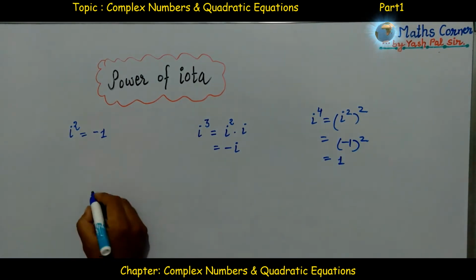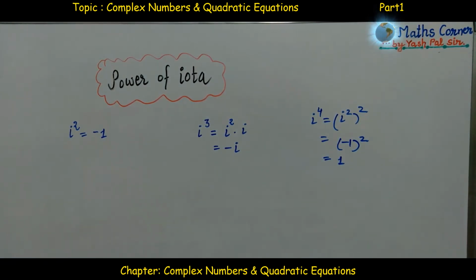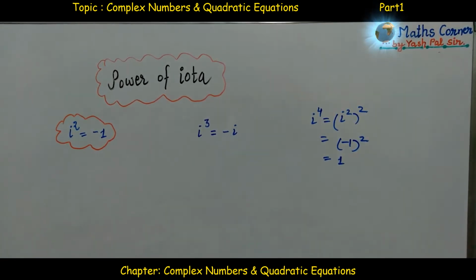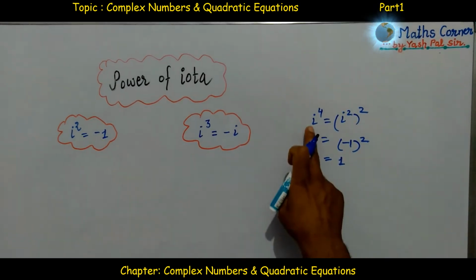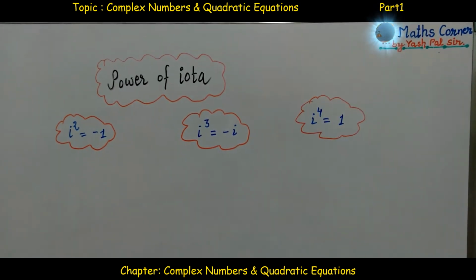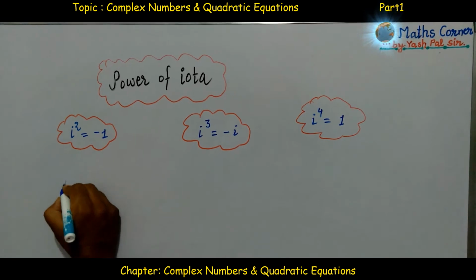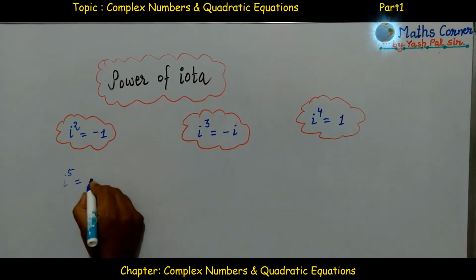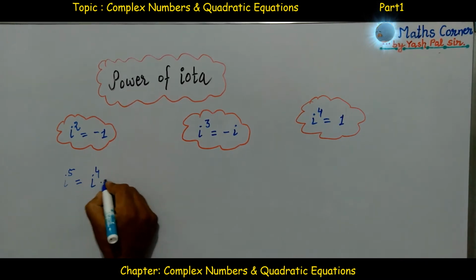So finally, iota square is equal to minus 1, iota power 3 is equal to minus iota, and similarly iota power 4 is equal to 1. Next we have iota raised to power 5. We can write this as iota raised to power 4 into iota.